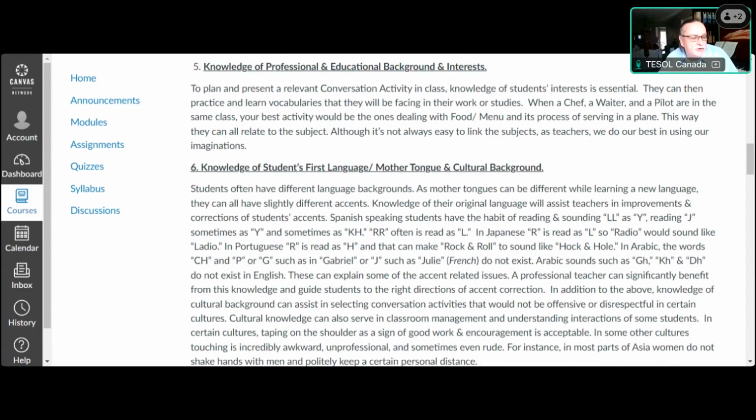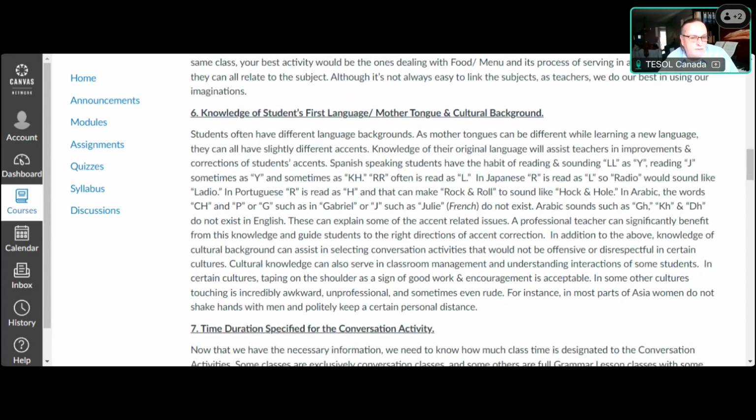You're asked to identify the student's first language, the mother tongue, and cultural background. This comes into effect because depending on the background of the student, for instance, students who are from Japan, they don't read some letters the same way that we do. In Japanese, the R is read as an L, so radio would sound like ladio for Japanese people.